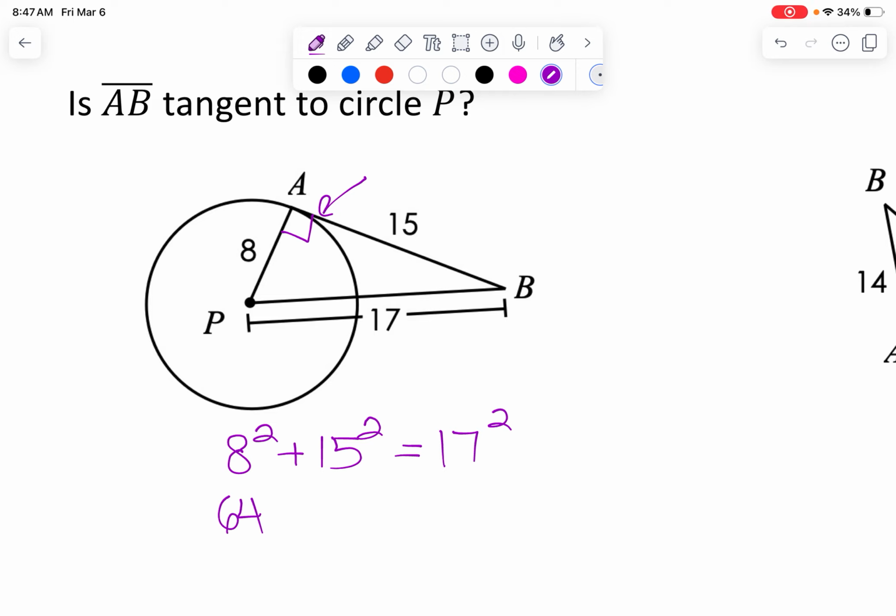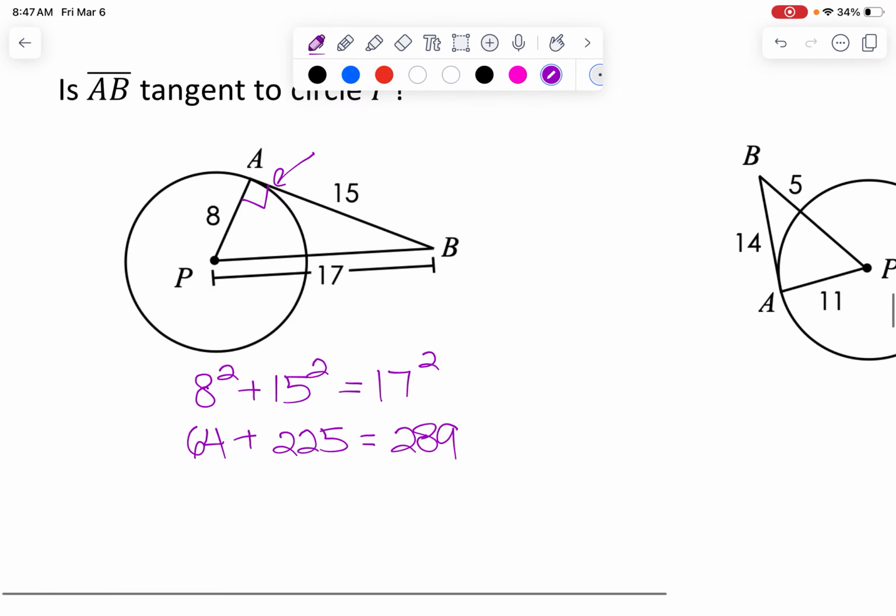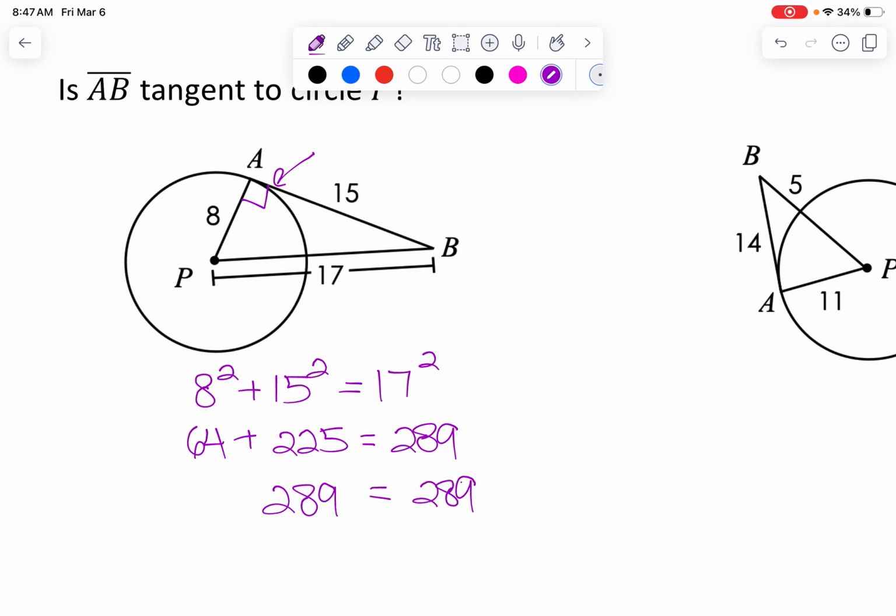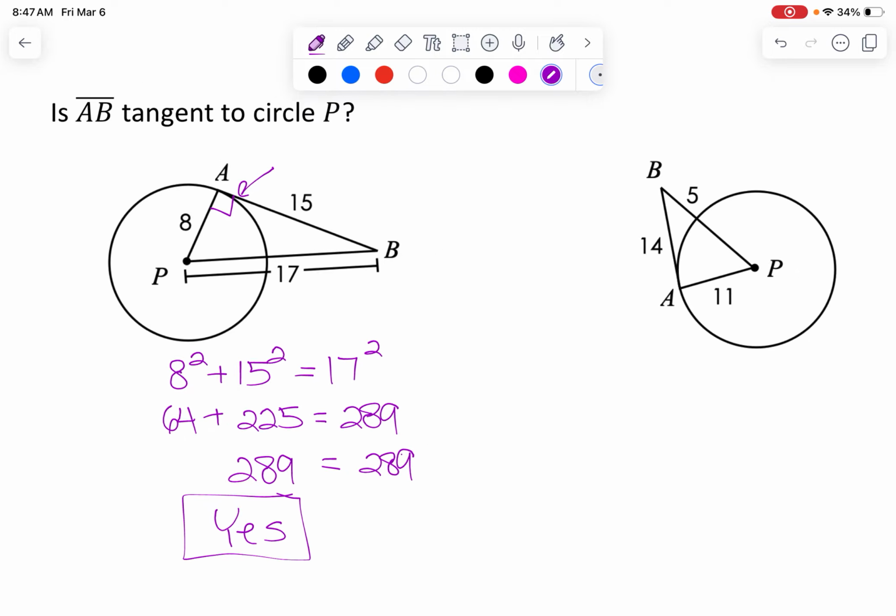So this is 64, this is 225, and this is 289. Okay, so 64 plus 225 is 289, and that equals 289, so yes, this is a tangent line. AB is tangent to circle P there. Okay? And that's how you do that.